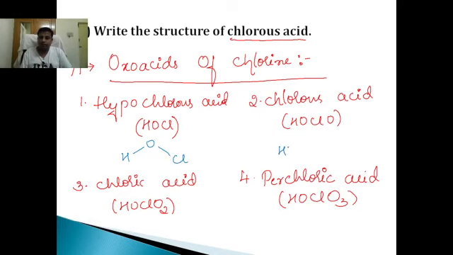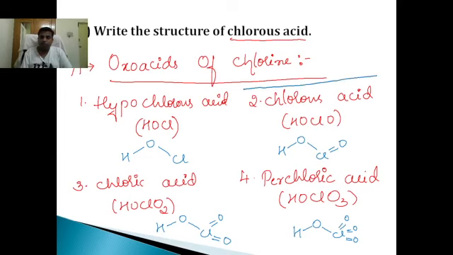Chlorous acid, HOClO. Chloric acid, HOCl double bond O double bond O. Perchloric acid, HOCl double bond O, double bond O and double bond O. That's it. Very simple. Now the question is, write the structure of chlorous acid.